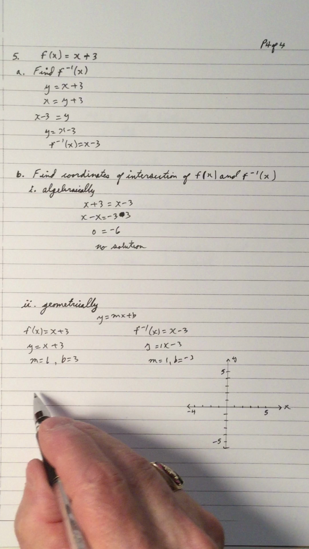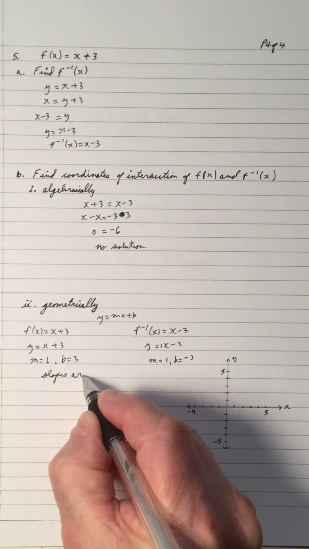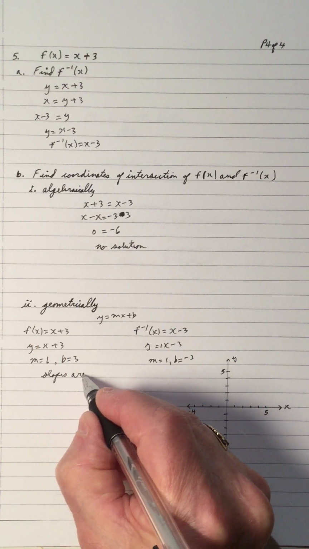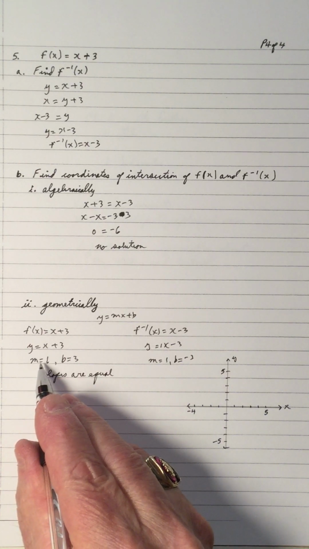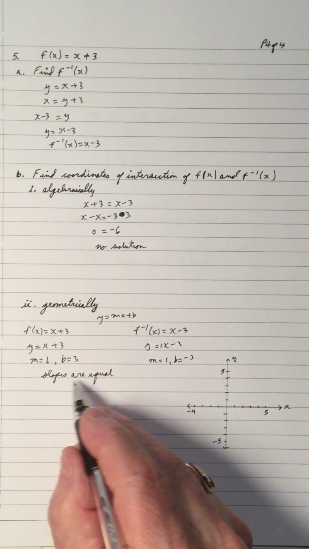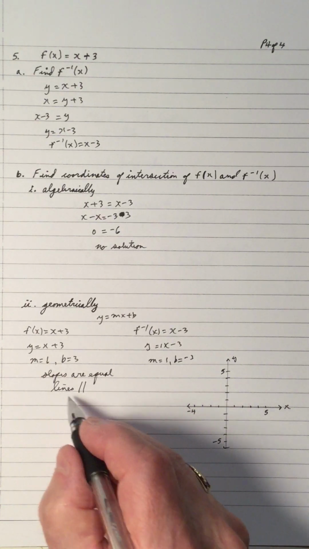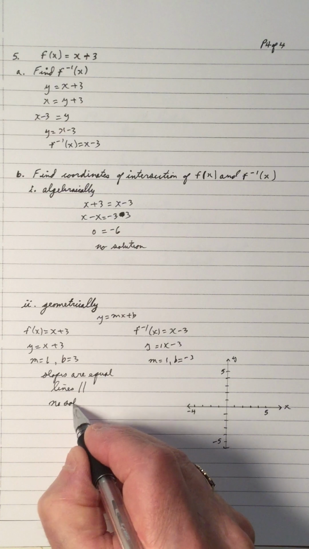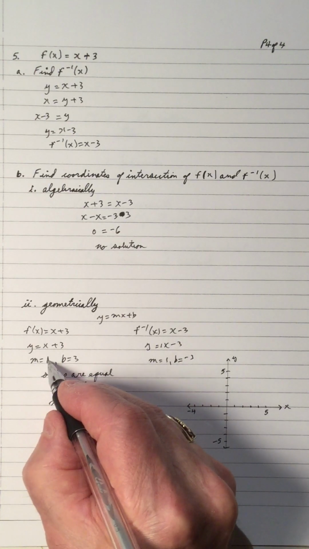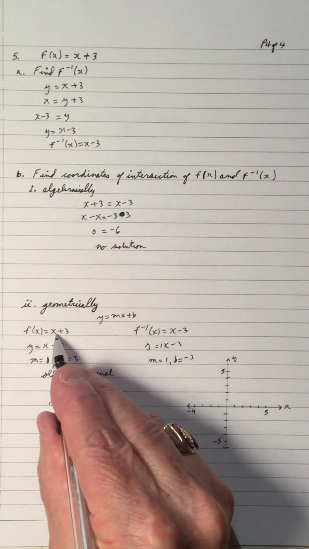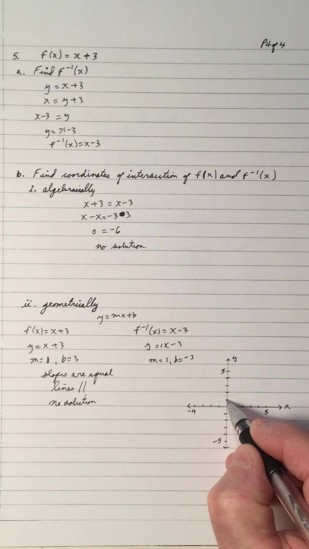And because the slopes are equal, the slope of f of x and the slope of f to the minus 1 are equal, that means the lines are parallel to each other, hence there's no solution. Now, if I graph this line here, the y-intercept is 3, which is right here: 1, 2, 3.